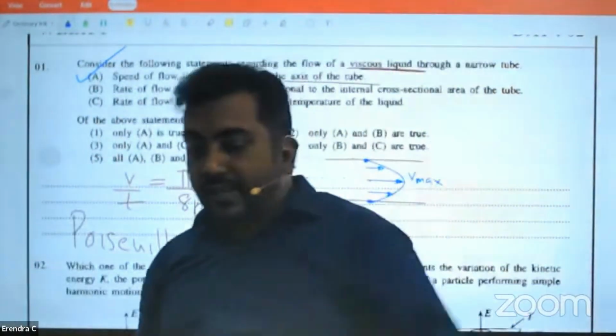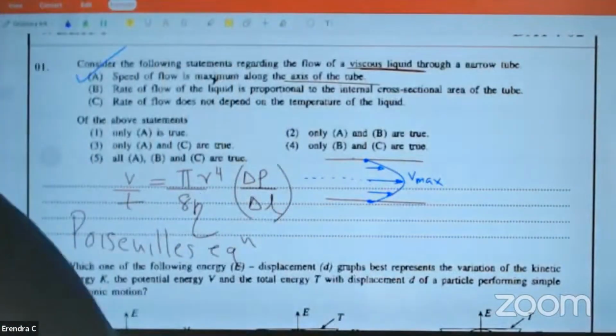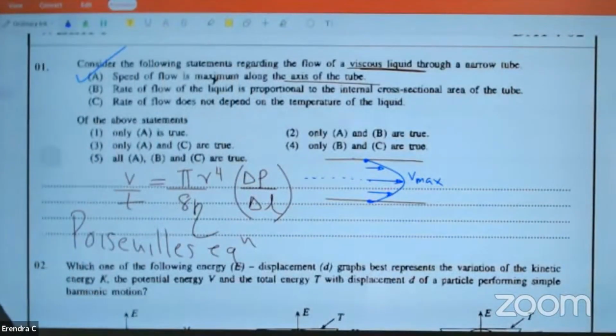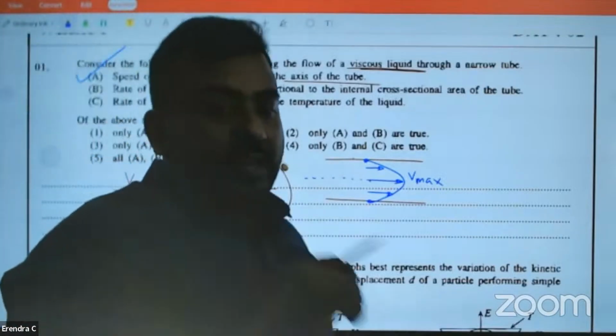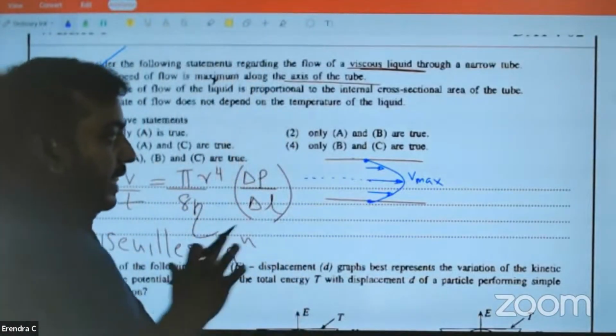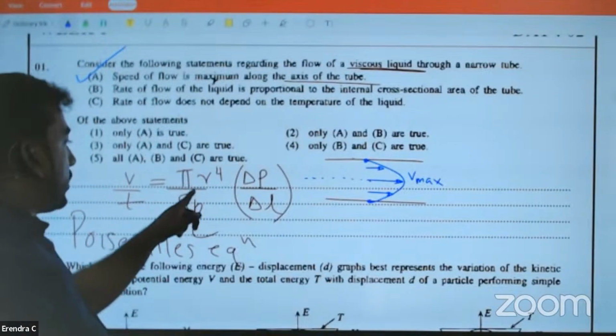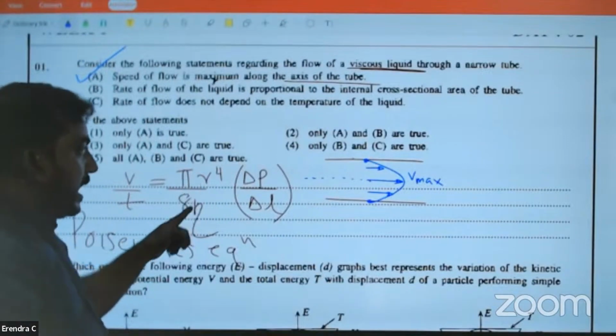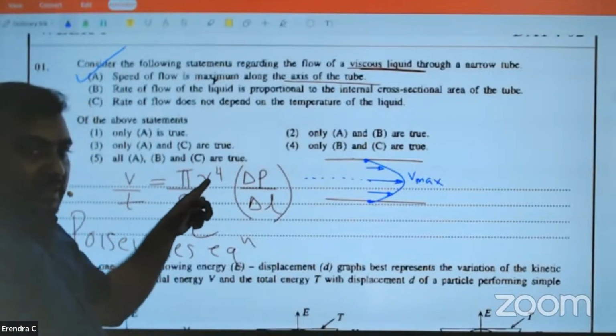Quickly you can draw that. Draw with me. Now look at the second statement: rate of flow of liquid is proportional to the internal cross-sectional area. I know some of you are very tempted to say, sir, area is pi r squared.